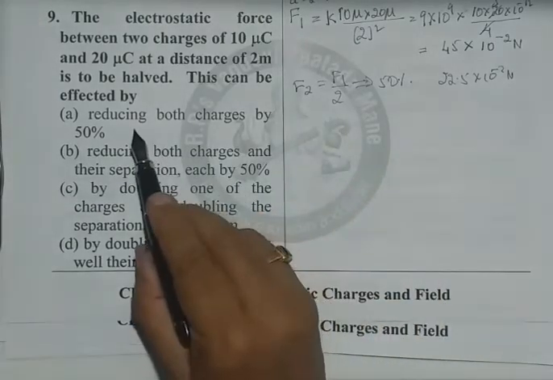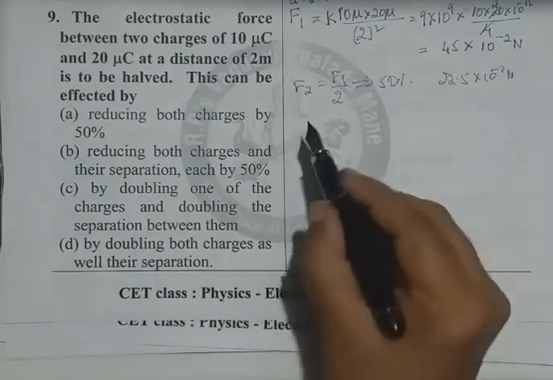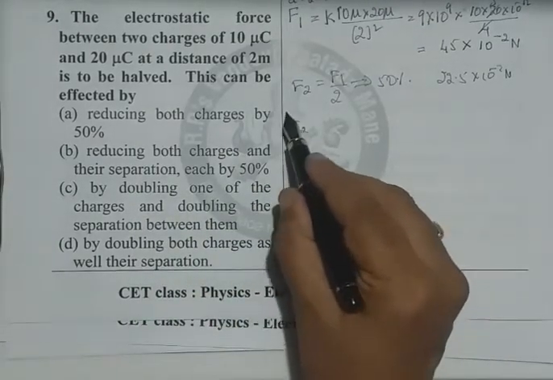Say in the first case, reducing both charges by 50%. For option A, we try.